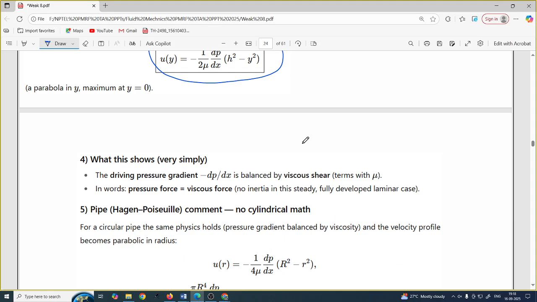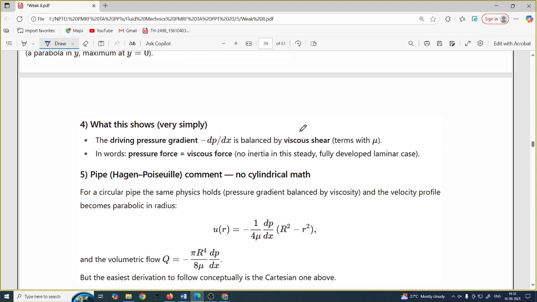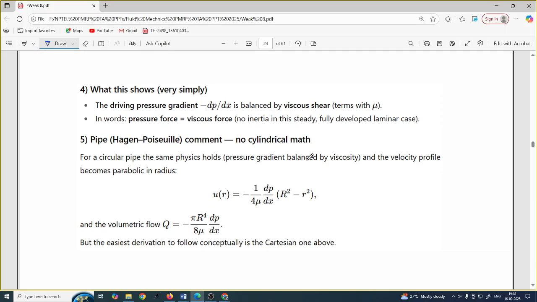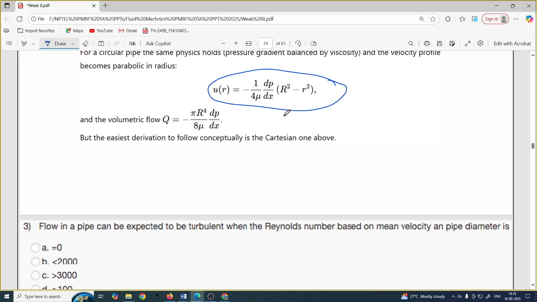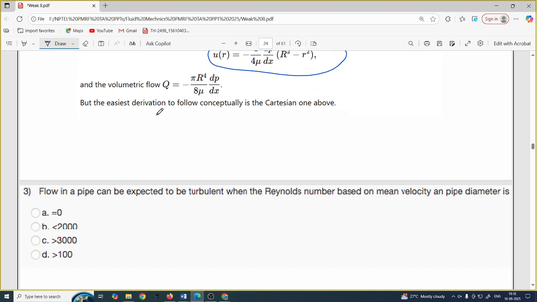This is your final expression. Once I upload this PPT or this PDF, you will go through. Then the Hagen-Poiseuille equation is this. So remember please. And the volumetric flow is like that.